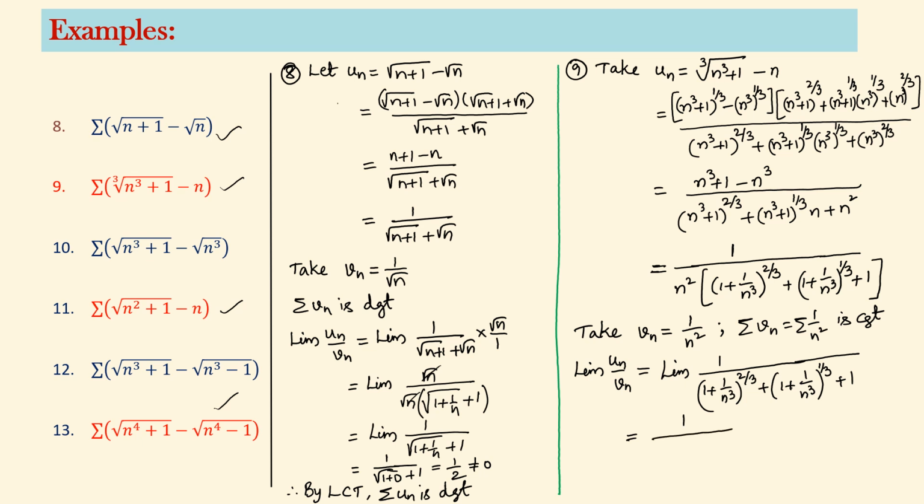So this is equal to 1 by [1 power 2 by 3 plus (1 plus 0) power 1 by 3 plus 1]. Because we are taking only real values, all will be equal to 1 plus 1 plus 1. So this is equal to 1 by 3 and is not equal to 0. Therefore, by the limit comparison test, our given series is also convergent.